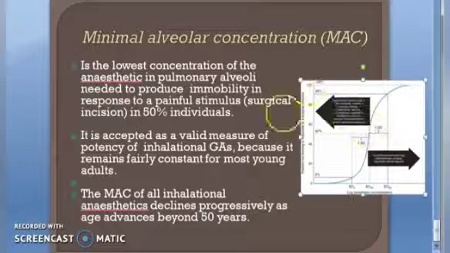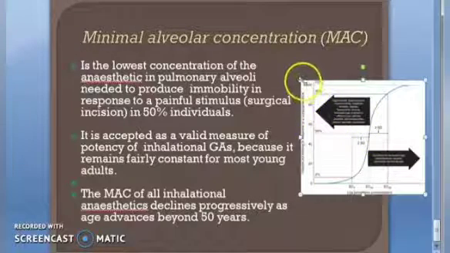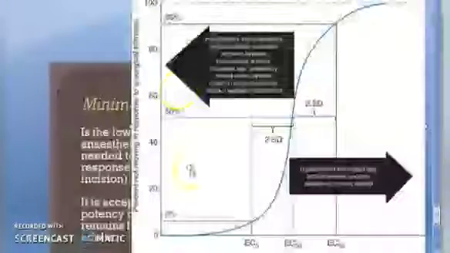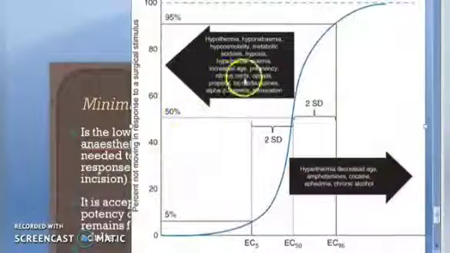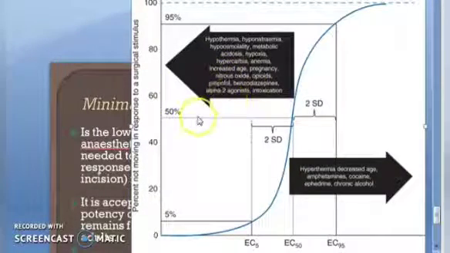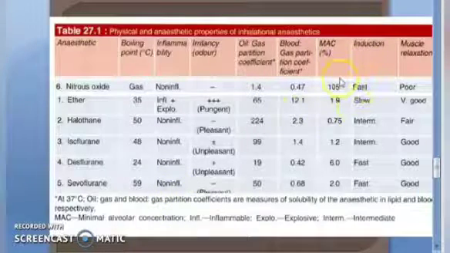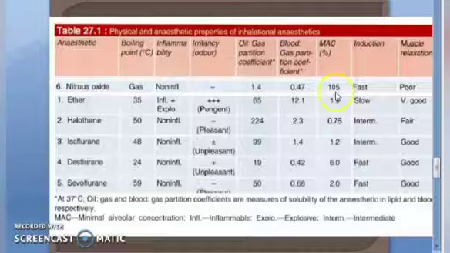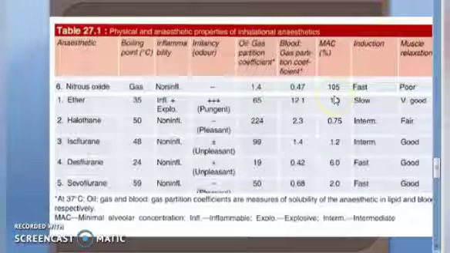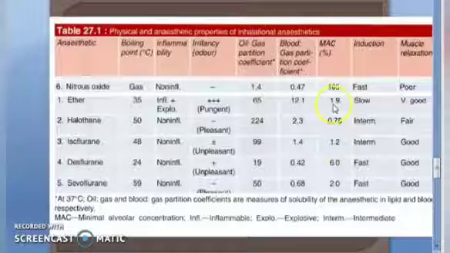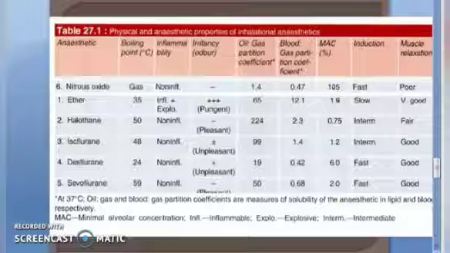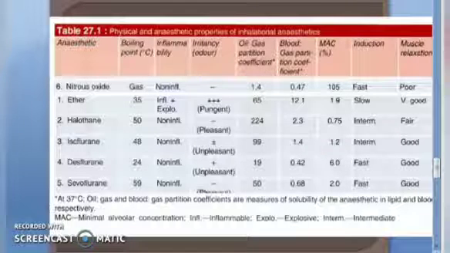Okay, so look at this chart here. It's nitrous oxide. Can you read it here? Okay. Just note that minimum alveolar concentration for nitrous oxide is 105. It's very high. Okay. Then let us look at the other differences.